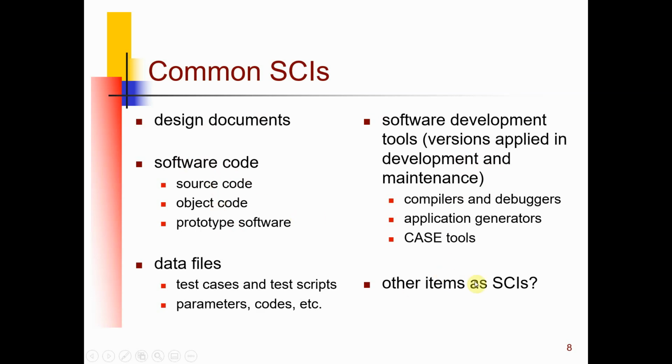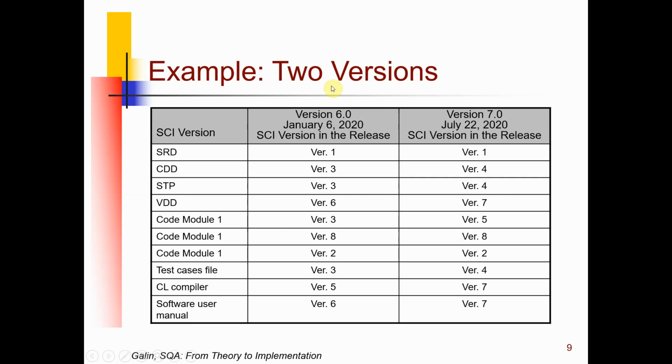And some other items you think are necessary to manage the change. And then just compare the two versions. As I mentioned, a software may go through different versions, but some items may remain the same. For example, the requirement document for the two versions may be the same, and some other documents are different.